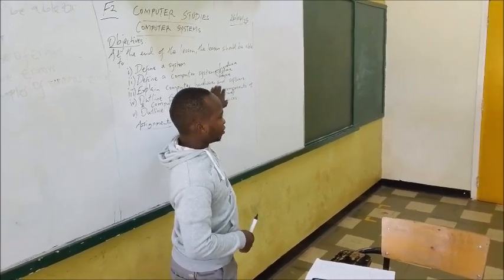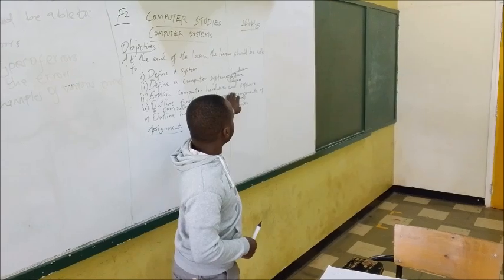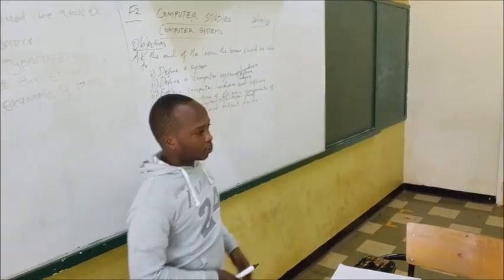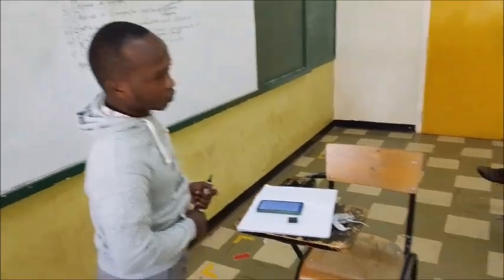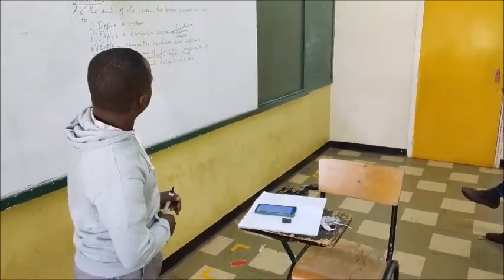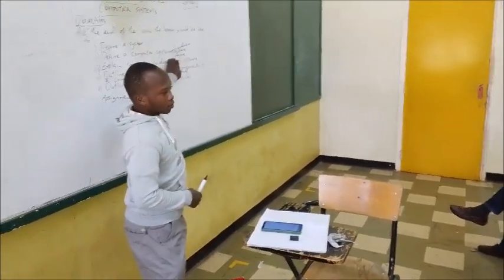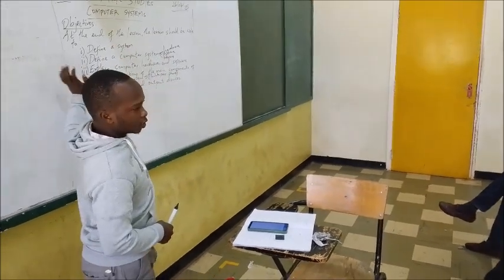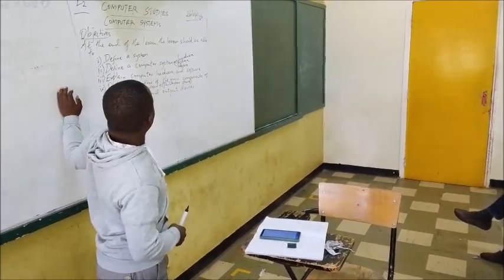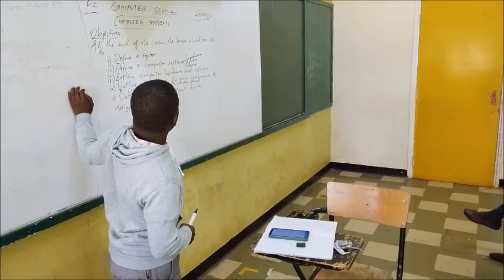For example, you can have application software that can accomplish the purpose of word processing, an example like Microsoft Word. And then the user, who we refer to as liveware, is the human attachment to what? The computer system.